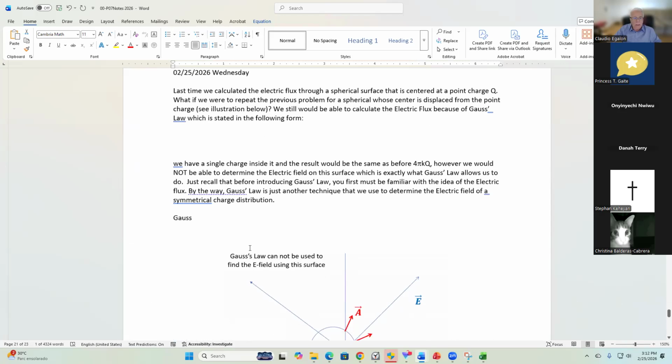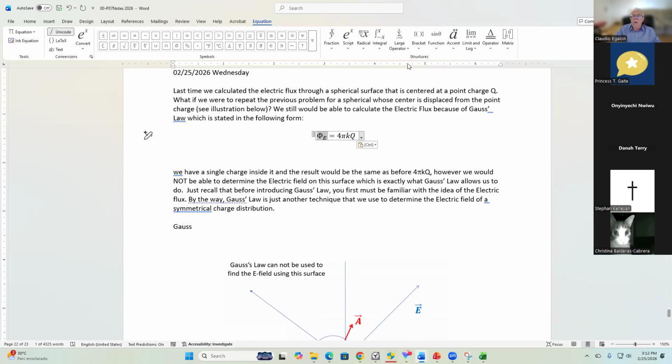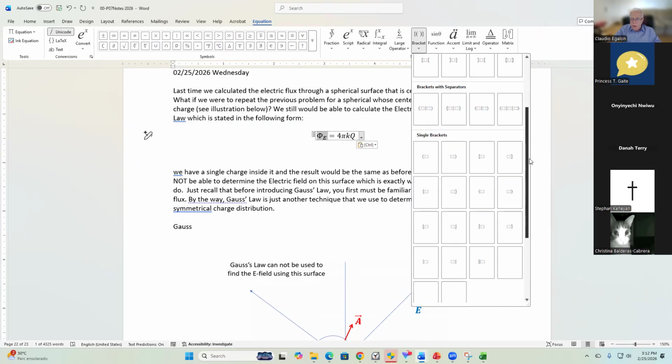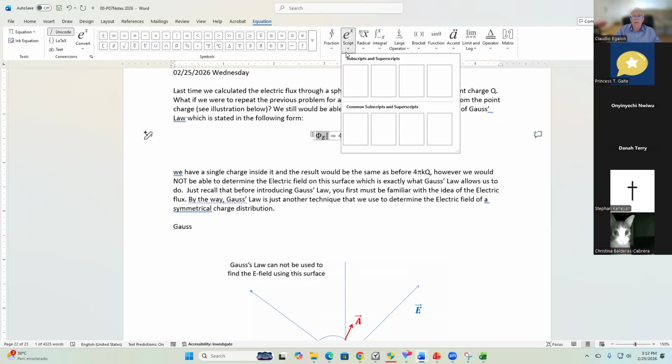The Gauss's law is given by the electric flux through a closed surface.